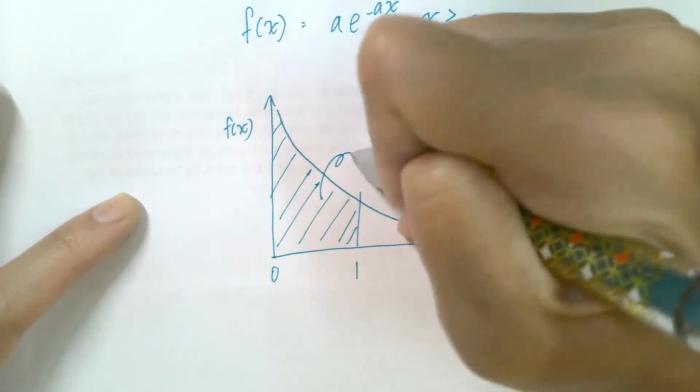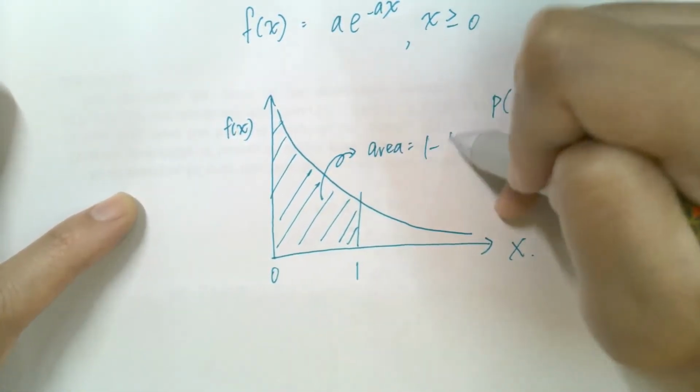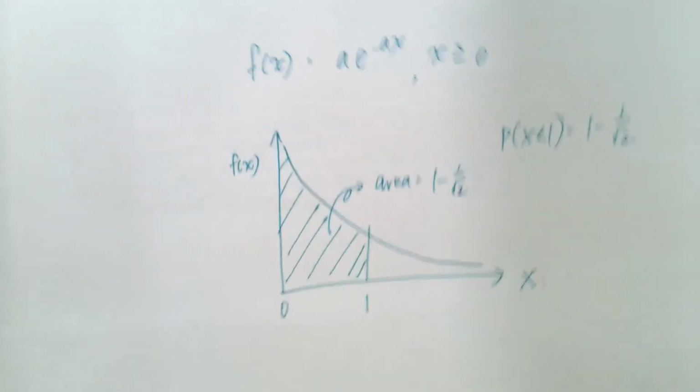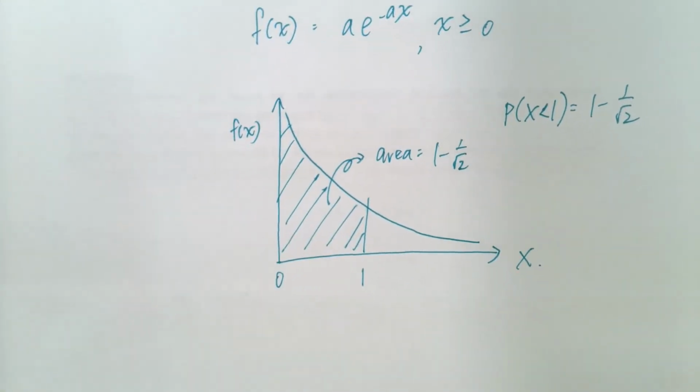This area is 1 minus 1 over square root of 2. Remember that the area under the distribution of any continuous random variable will be 1, which is to say that the total space of your distribution is 100%, which is 1.